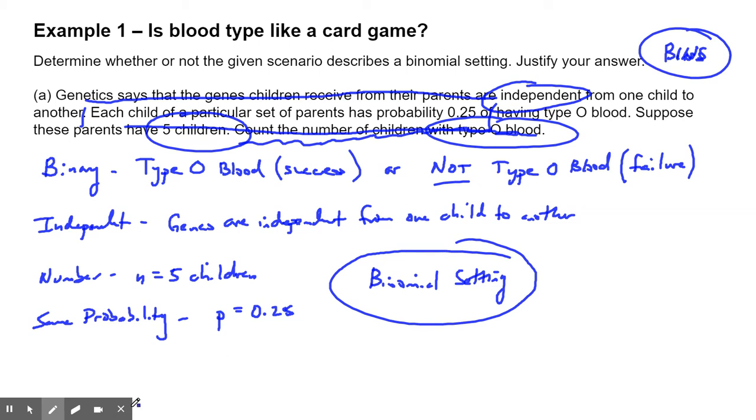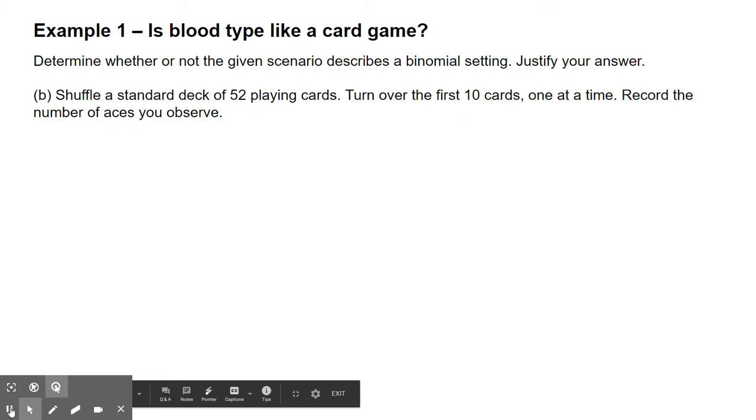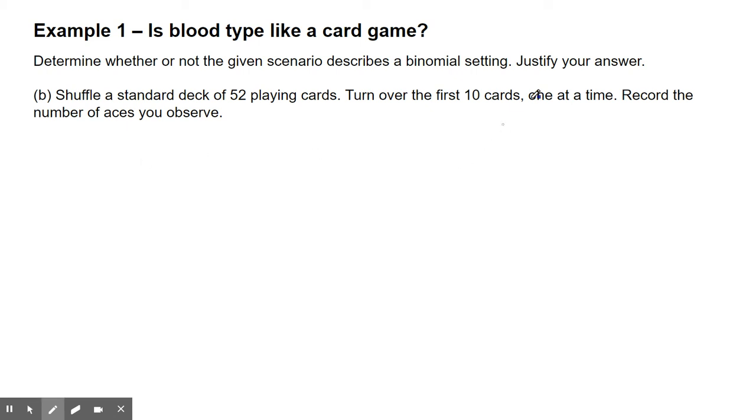Okay, let's look at the second example dealing with binomial settings. It says shuffle a standard deck of 52 playing cards, turn over the first 10 cards one at a time, and record the number of aces you observe. So again, we're going to justify this using the BINS characteristics. First, B for binary.